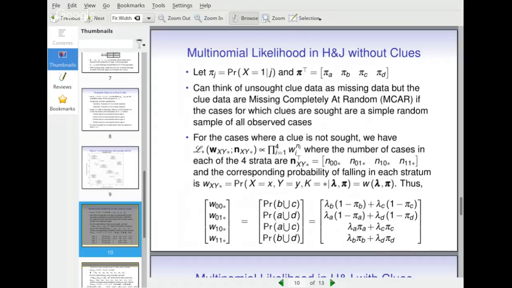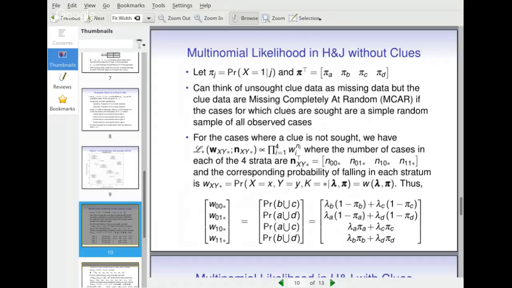So these w's are the conditional probability of X is this, Y is that, when we don't know what K is. Conditional on lambda, which is that simplex vector of length 4, and pi, which is not a simplex vector, but a proportion or a probability that X is 1, conditional on type. So pi does not sum to 1. It's just a vector of numbers between 0 and 1 that doesn't sum to anything in particular.